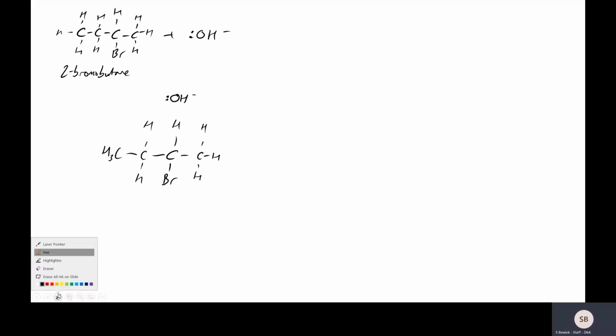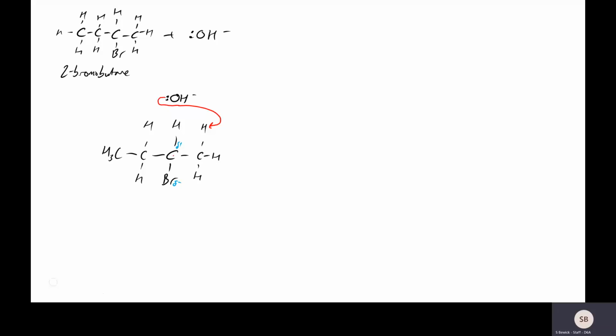So, first thing to think about, let's say we attack this hydrogen here on carbon number 1. Now, that's an absolutely perfectly fair thing to do. We're allowed to do that because it's on one of the carbons next to the delta plus carbon.